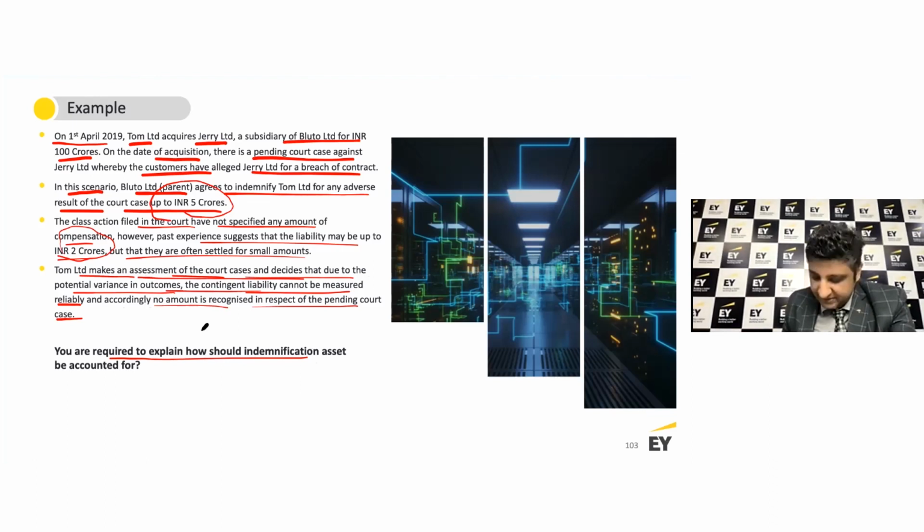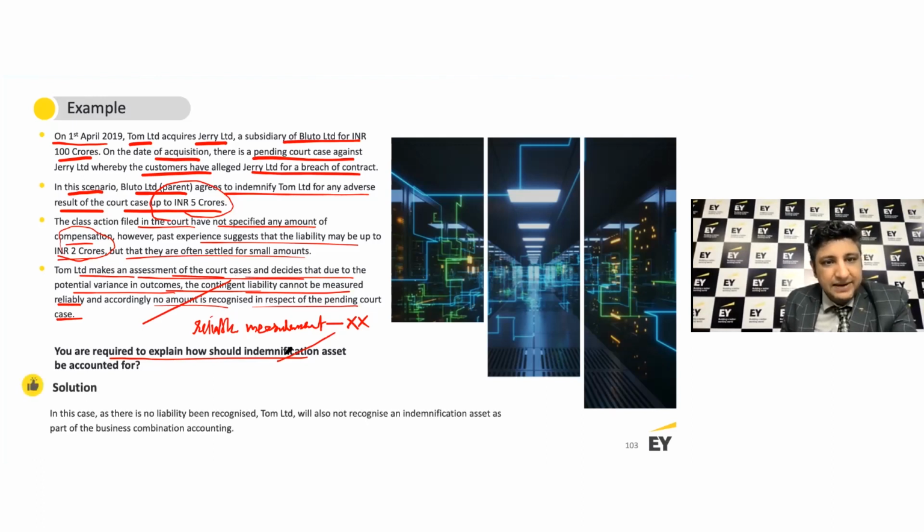Now, of course, we are simply saying that if the reliable measurement can't be done, neither the contingent liability nor the indemnification asset can be recognized. So simply saying that as the liability is not recognized, accordingly, the indemnification asset would also not be recognized as far as the books of the acquirer, which in our case is Tom Limited, is concerned.